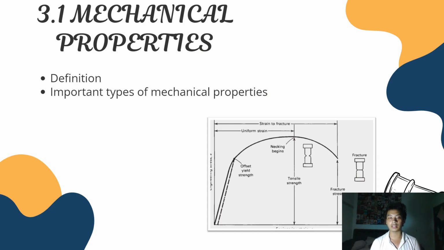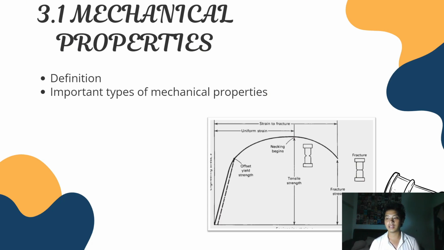A short list of the important types of mechanical properties includes hardness, as a measure of resistance to indentation. Linear elastic constants that relate to strain under tensile, compressive, and shear loads.